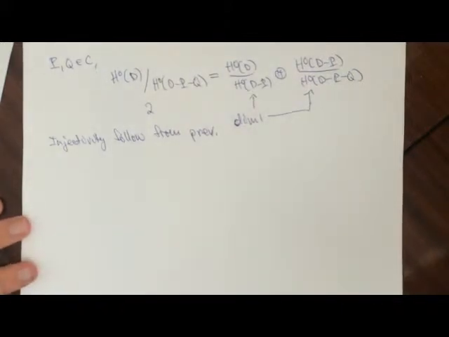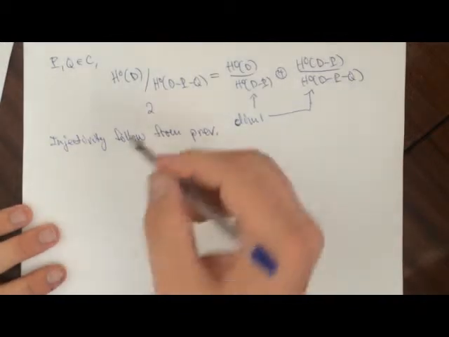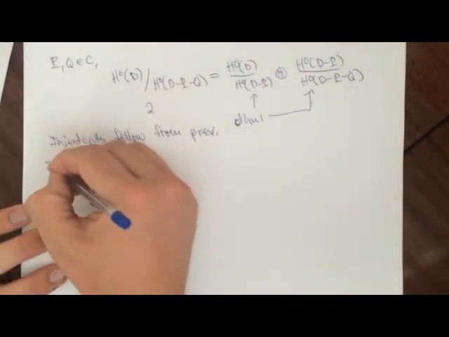Now we need to talk about the immersion property. What we'll do is take P and Q and have them get closer and closer together. So let's look at the immersion property.